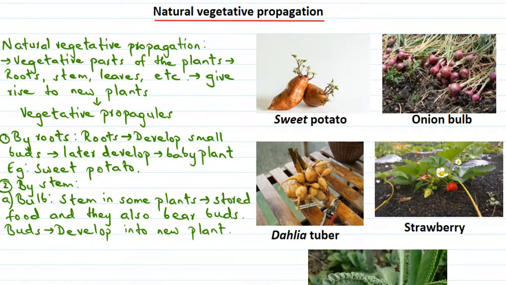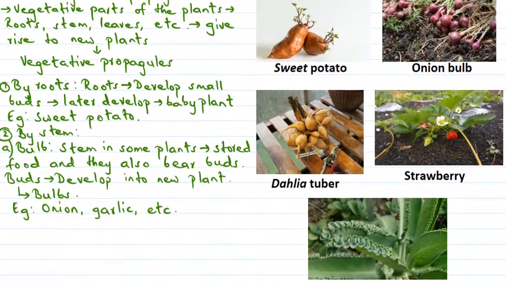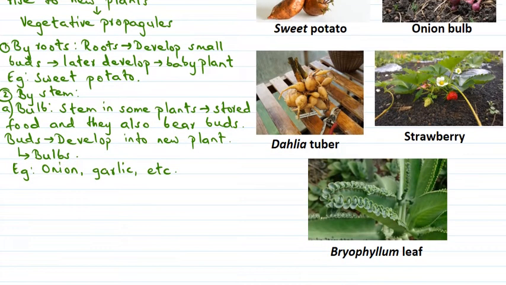Such buds are called bulbs. This type of propagation with the help of bulbs can be seen in onion, garlic, etc.